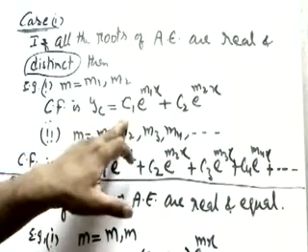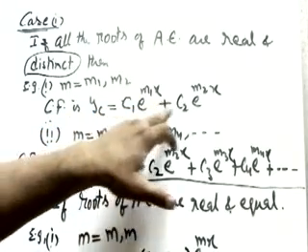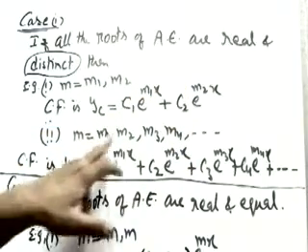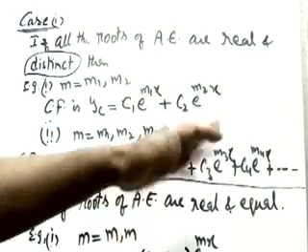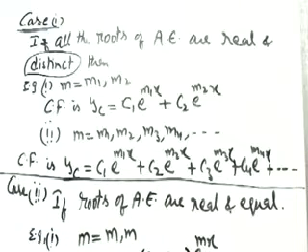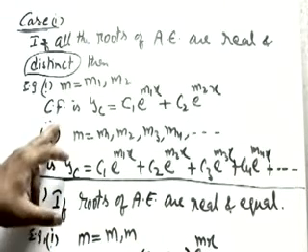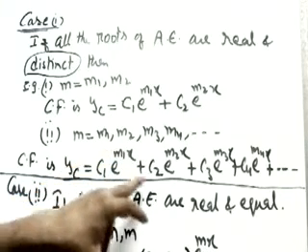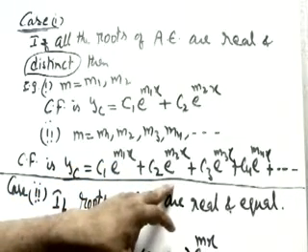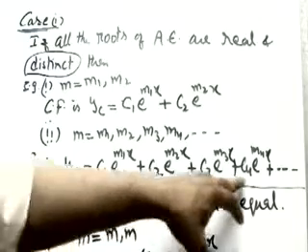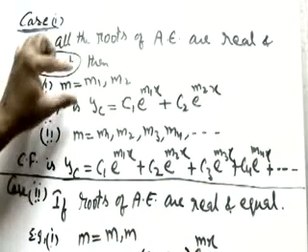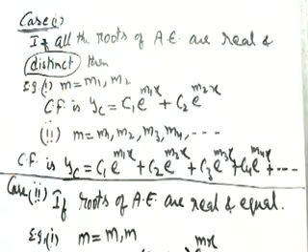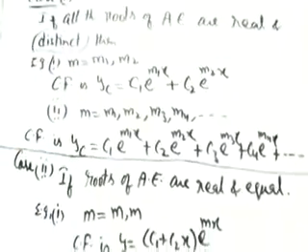Then the complementary function is yc = c1 e^(m1x) + c2 e^(m2x). Suppose we have more different values m1, m2, m3, m4, then the complementary function will be yc = c1 e^(m1x) + c2 e^(m2x) + c3 e^(m3x) + c4 e^(m4x), like that. For distinct values of m, we use this formula.